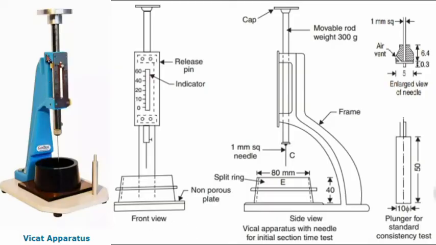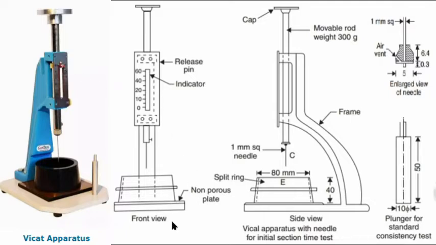This is the Vicat apparatus that is used, and this is the release pin to release the needle. The indicator, that is the scale, indicates how much the needle has penetrated into the mold.